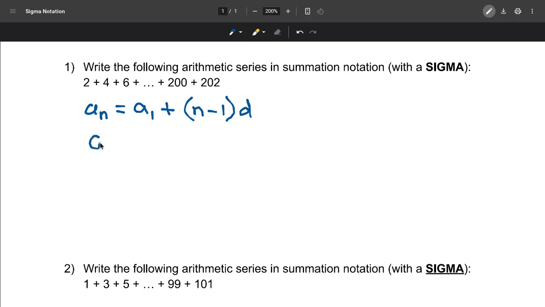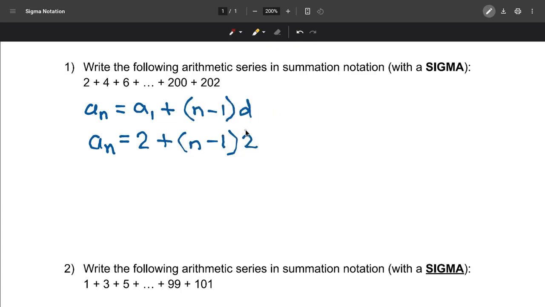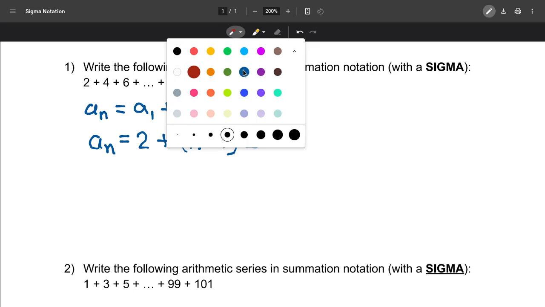And so let's work out the right-hand side of this equation and substitute in our values here. So we got 2 plus n minus 1 times 2. And what I'm going to do is just switch the color, be sigma about it. And I'm going to take 2 and multiply it by n, and 2 and multiply it by 1 there, using the distributive property, which is a pretty sigma thing to do.